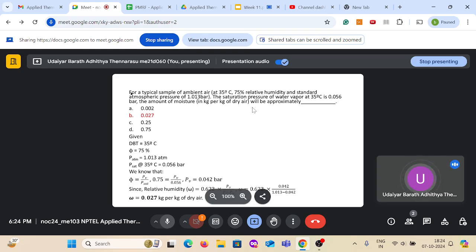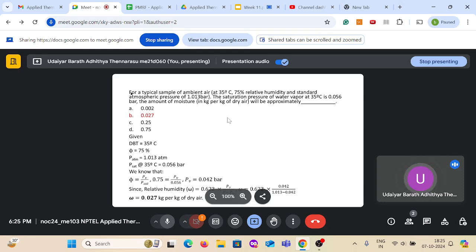Your relative humidity is nothing but the vapor pressure divided by the saturation pressure. From this you can find the vapor pressure of air at 75% relative humidity, which will come out to be 0.042 bar.